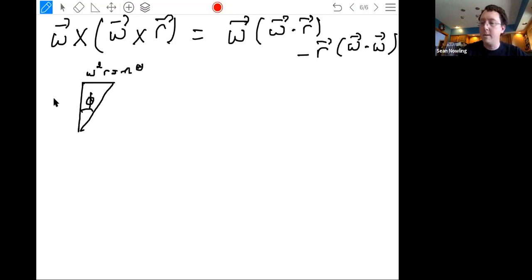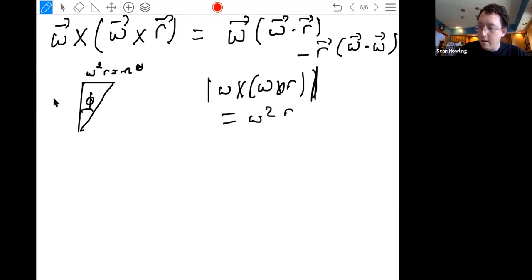Okay, so that's omega squared r sine phi. And that's just coming from the definition of the cross product. So I'm working out the magnitude of omega cross r equals omega squared r sine phi. And so that would live along the perpendicular component.